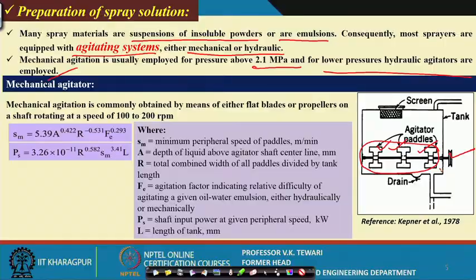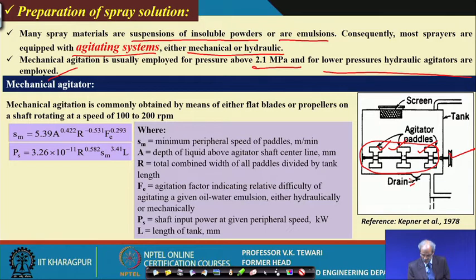The size of the paddles, their diameter, etc., has to be very carefully chosen, and for this you will require power for operation. Now, in the tank you can see there should be an entry here, and there will be a screen for putting the chemical in. This is where you will get the agitation from.